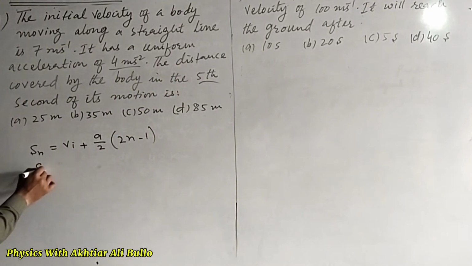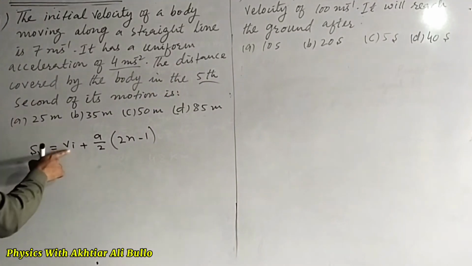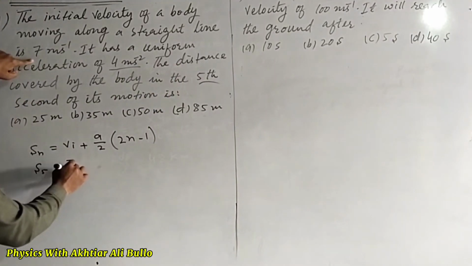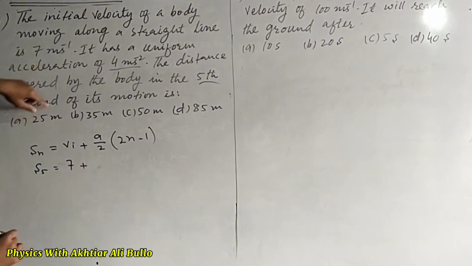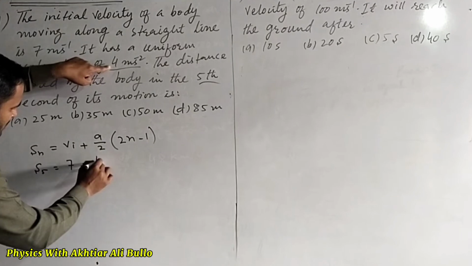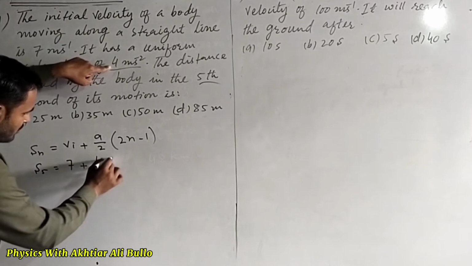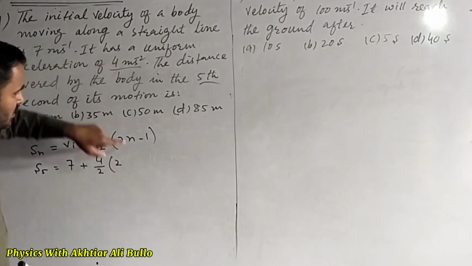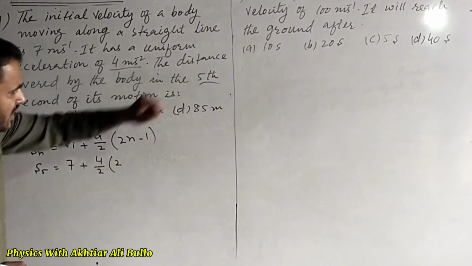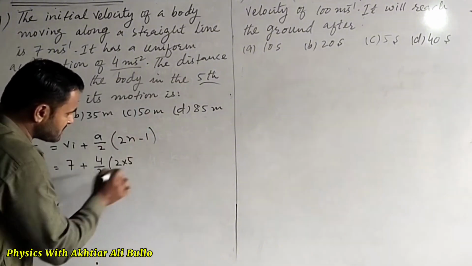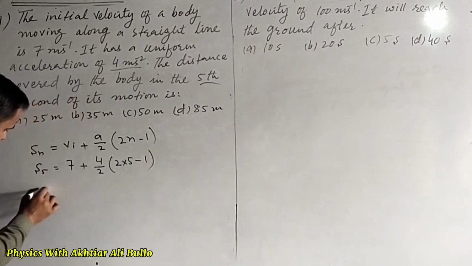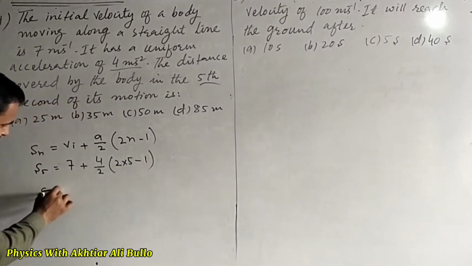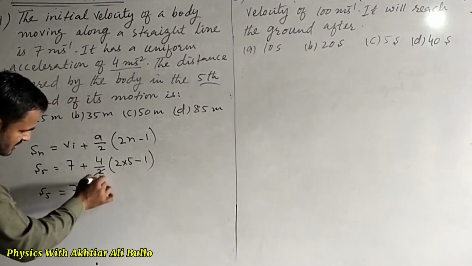So the distance in the 5th second is equal to the initial velocity, 7 meter per second, plus acceleration, 4 meter per second square, that is 4 divided by 2, into 2 into n, where n is 5. We will put the 5 in place of n, minus 1. So distance in 5th second will be equal to 7.